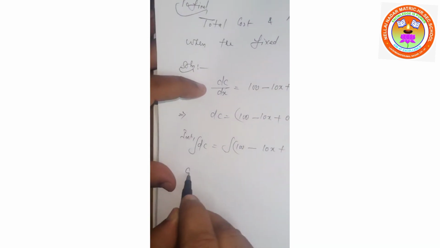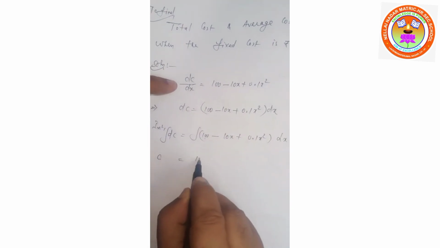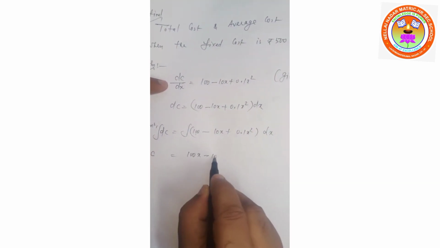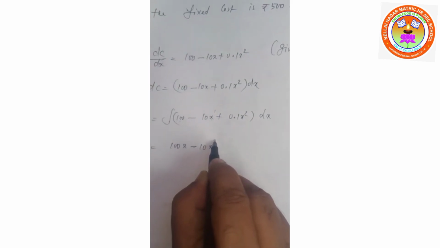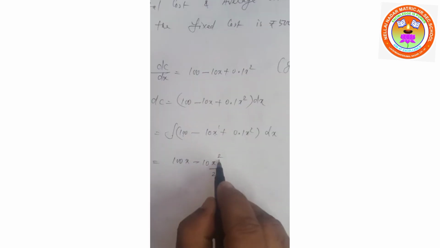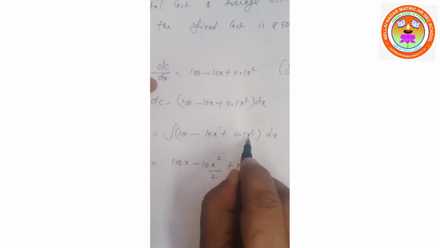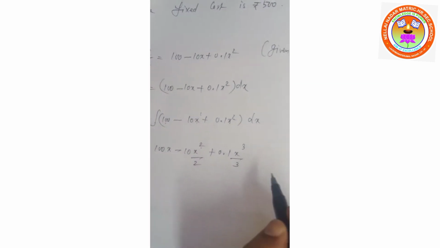Integration of dc is c, that is equal to 100 into dx integration. 100 constant, integral dx is x, minus 10 constant, x power 1 integration, you know very well, x power 1 plus 1 divided by 1 plus 1, you can directly write 2 by 2, 1 becomes 2, divided by 2, plus 0.1 x square integration, add 1 with the power 2 becomes 3 divided by 3.